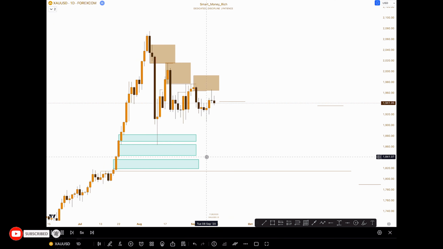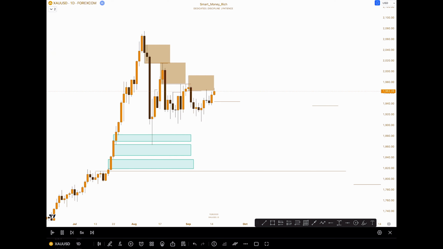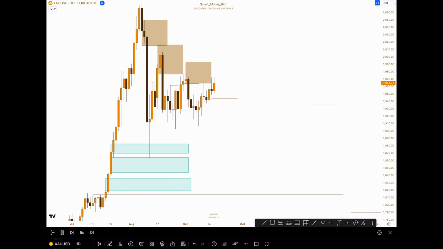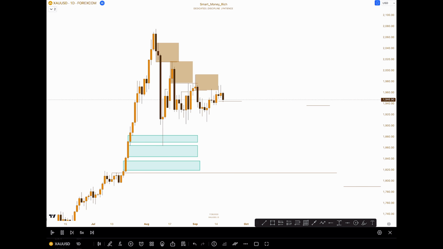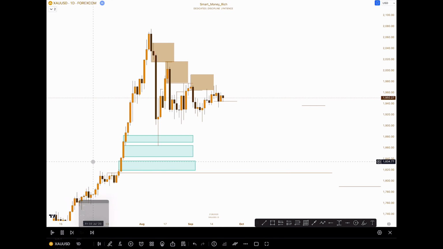Now I'm still expecting price to come and fill this imbalance up, because this is how the market has been programmed to move, right? So we expect price to always do more of this. We are always getting a deeper push to the downside.